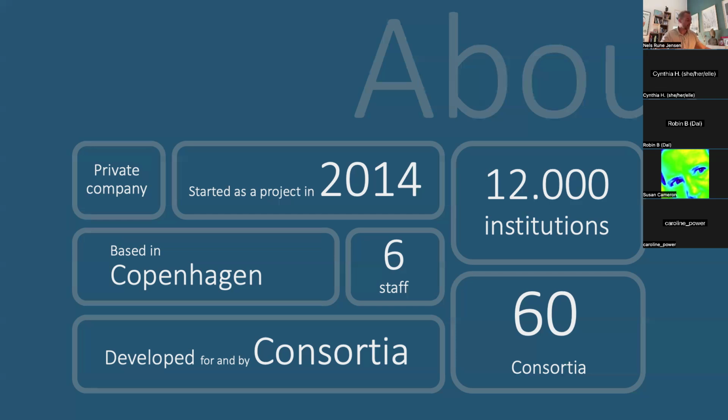I think the system handles something like 100,000 plus subscriptions every year, and more than €1 billion are transacted through the system. So that should give you an idea of the communication we have with both members and publishers on the other side.